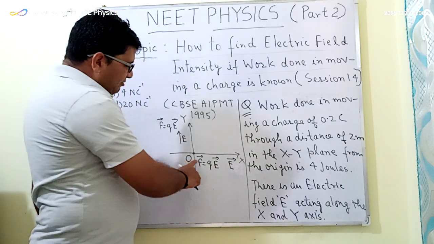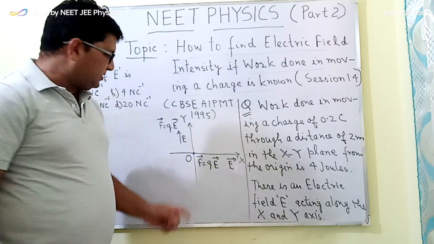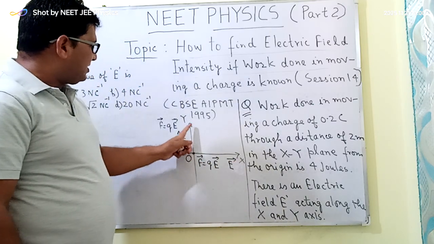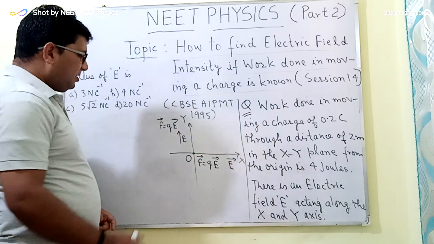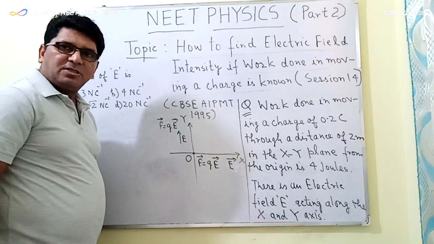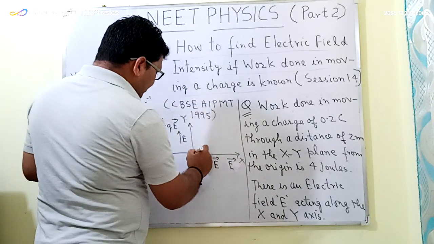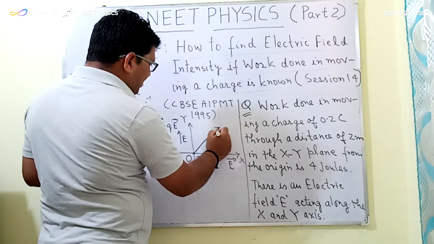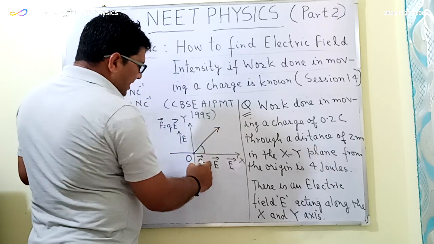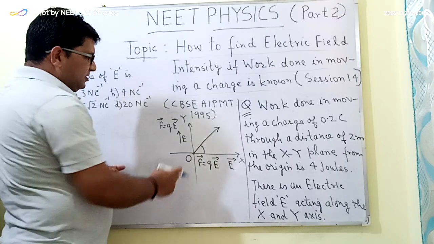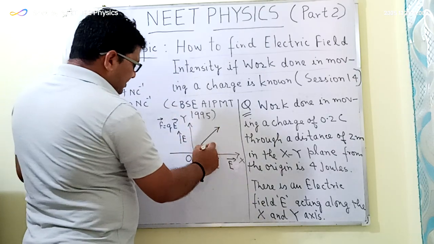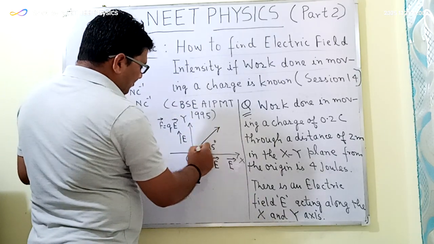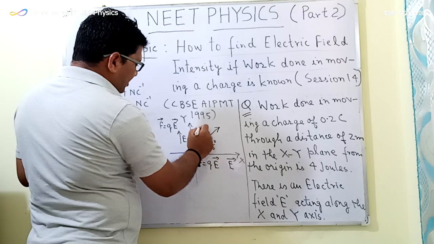The magnitudes of both forces are equal, so the charge will move in the direction shown by this arrow, such that the angle made with the x-axis is 45 degrees, and this is also 45 degrees.